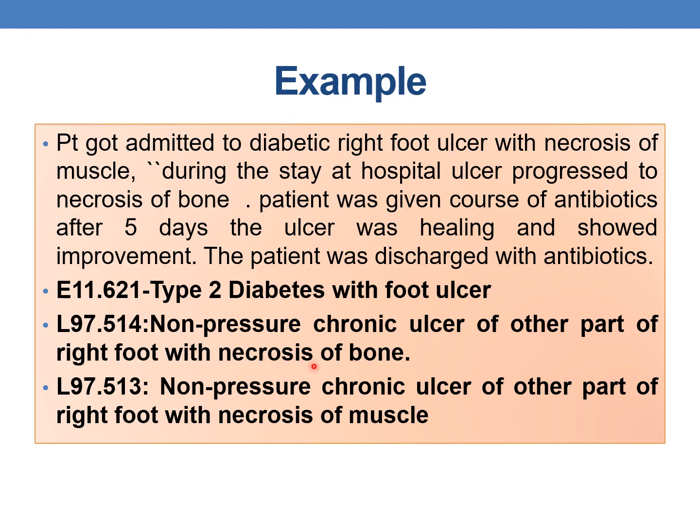This is the severe stage, followed by the code at the time of admission, L97.513, non-pressure chronic ulcer of other part of right foot with necrosis of muscle. So two codes should be coded. This is for hospital inpatient setting.